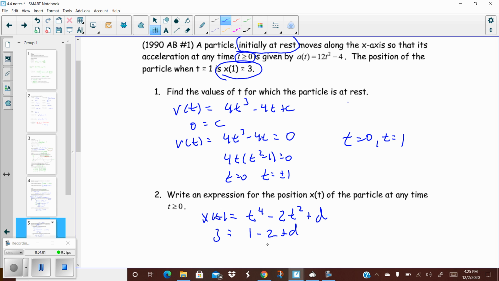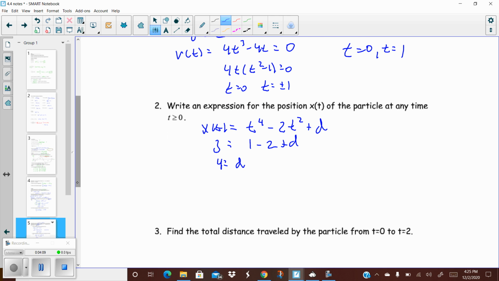So 1 minus 2 on the right side is negative 1. If I add that to the left, we're going to get that d is 4. So x of t is going to be t to the 4th minus 2t squared plus 4. That's the position function at any time t greater than or equal to 0.